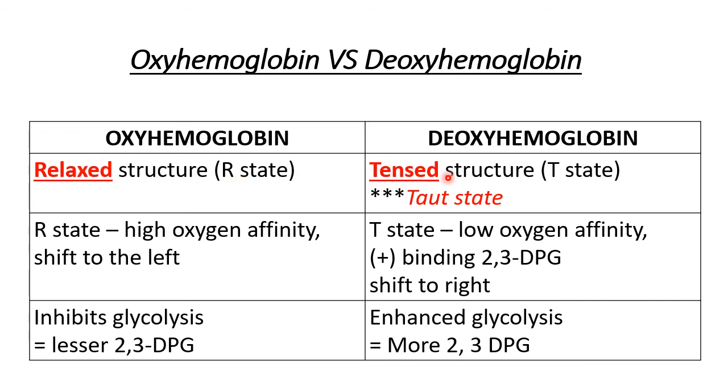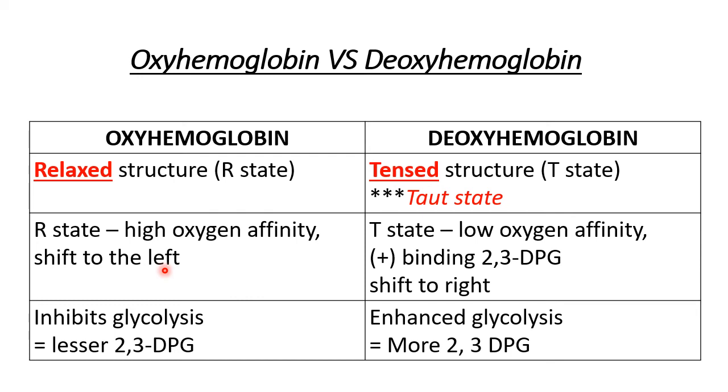In contrast with deoxyhemoglobin, tense structure daw or in taut state. In other books, ang T is for taut, no? Parehas lang naman yung meaning ng dalawang yan, no? Taut means rigid, okay? And then, ang pagiging R state ng oxyhemoglobin makes the affinity more or increased, and it will shift the curve to the left.